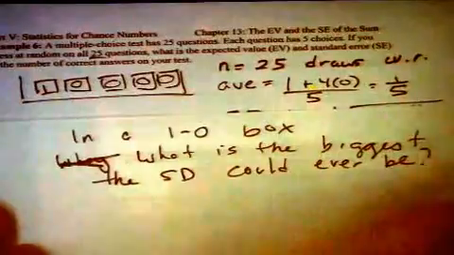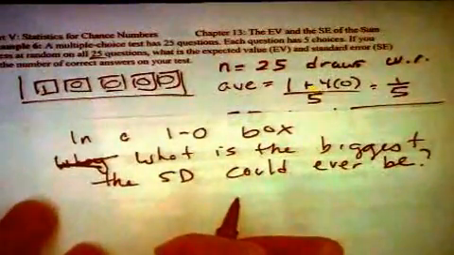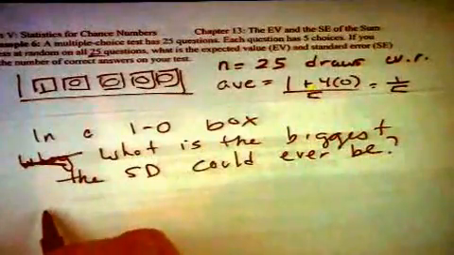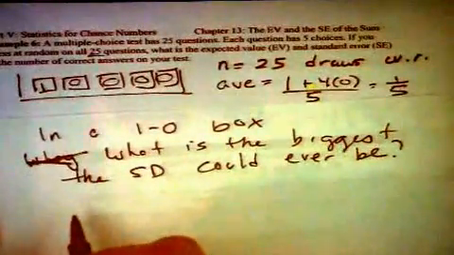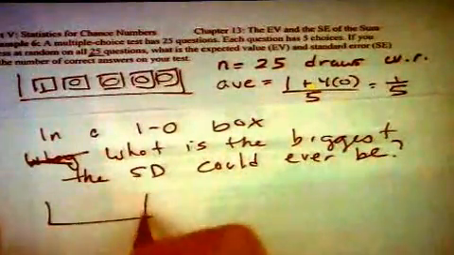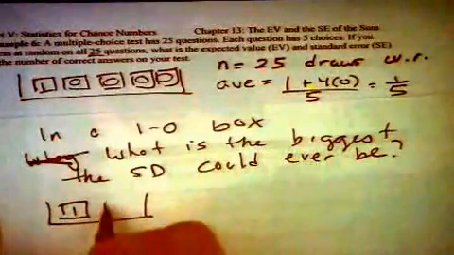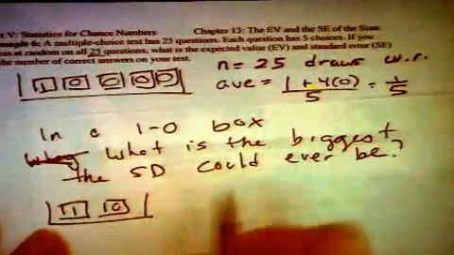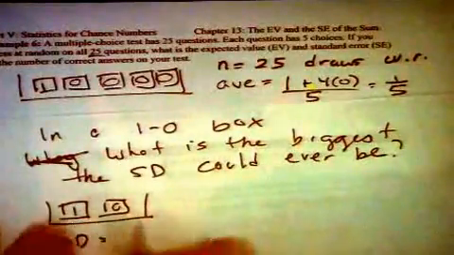And what's the smallest? You think it's 1? I don't think that could be. Okay, let's try. Let's start with, what if you had a box that was a 50-50 split? So the standard deviation is going to be 1 minus 0.